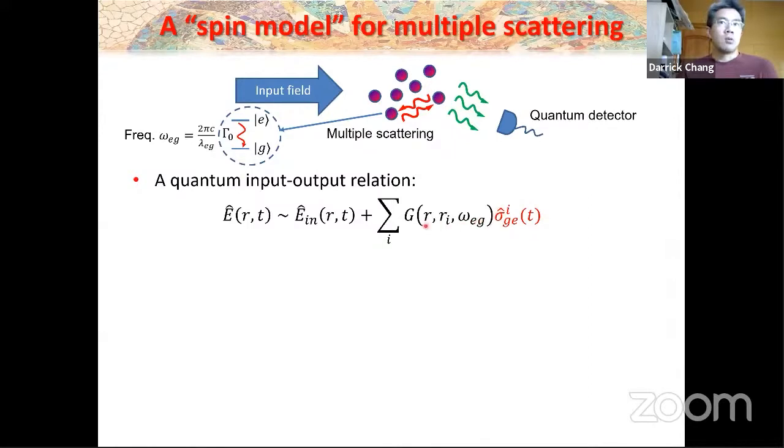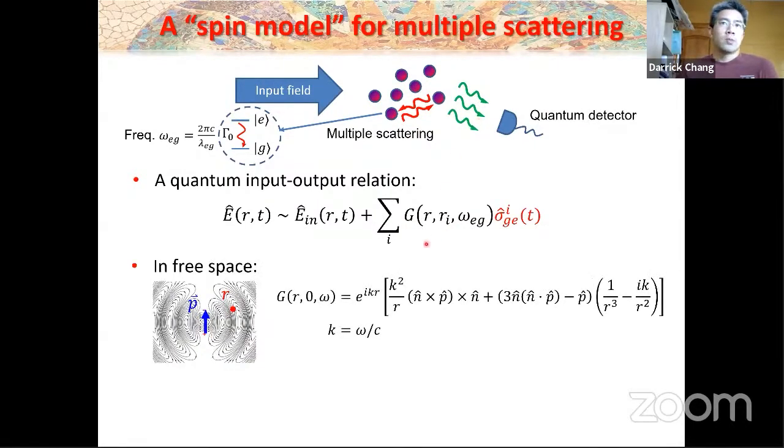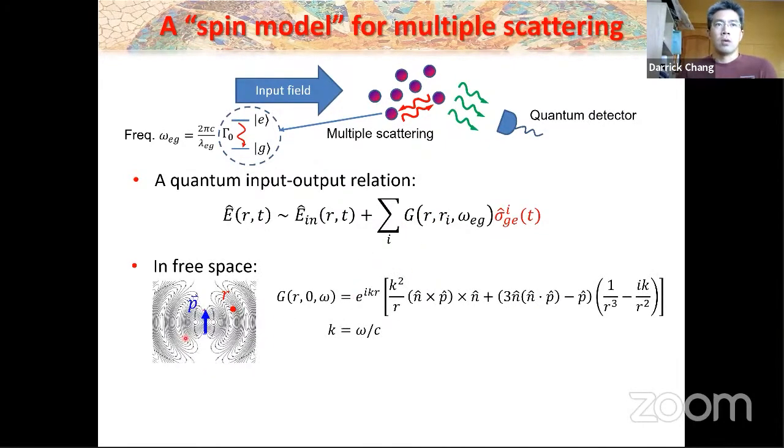And that is multiplied by a so-called Green's function, which describes how a field propagates from the position of atom i out to my detection point. In free space, this Green's function is nothing more than the famous lobe radiation pattern of a point dipole.